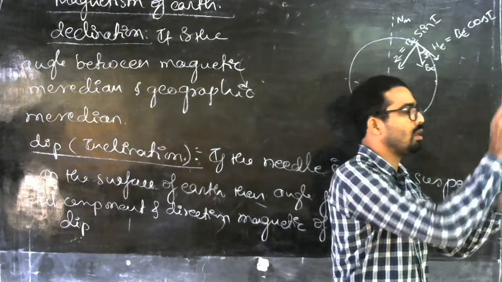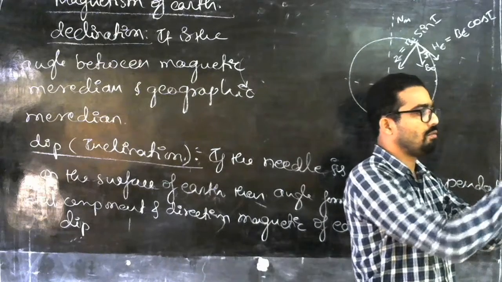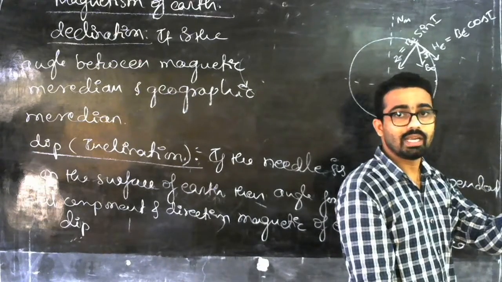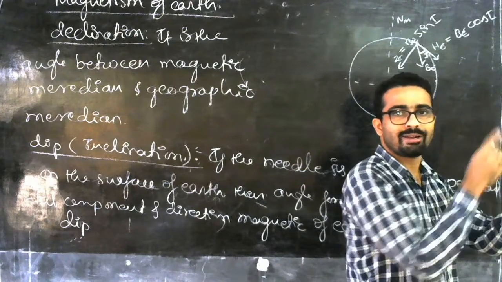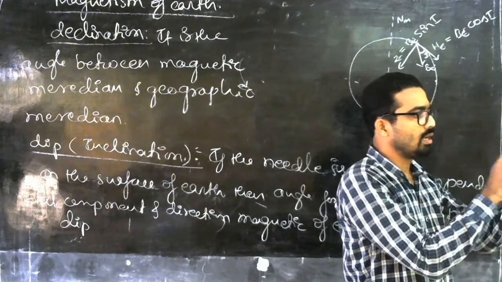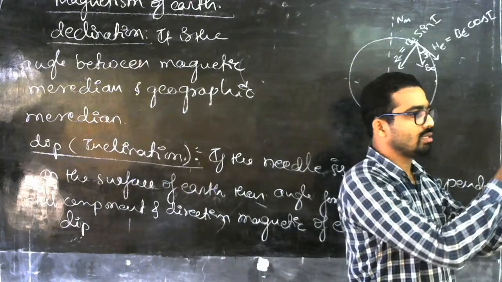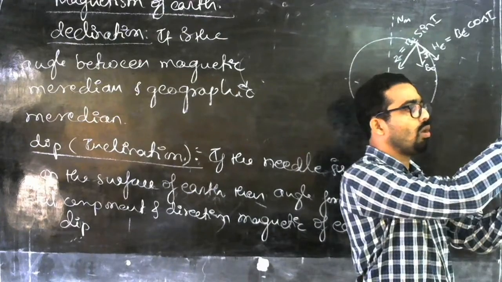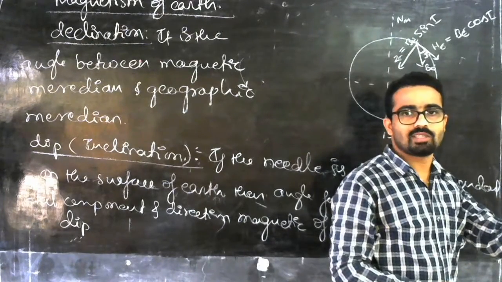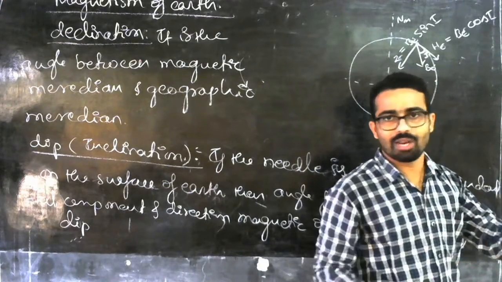Okay, so the angle at the pole will form 90 degrees. At the pole, there is no horizontal component because B was like this, and finally it overlaps over the vertical component. That is why there is no horizontal component.